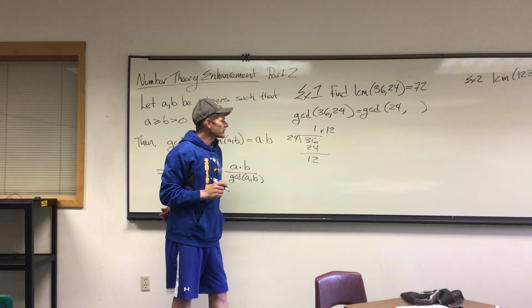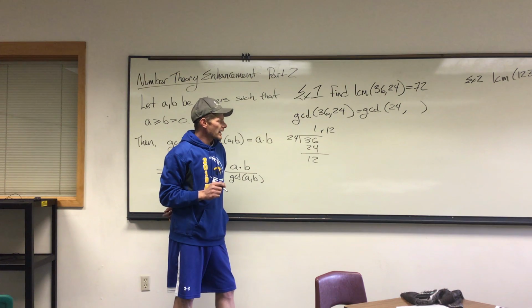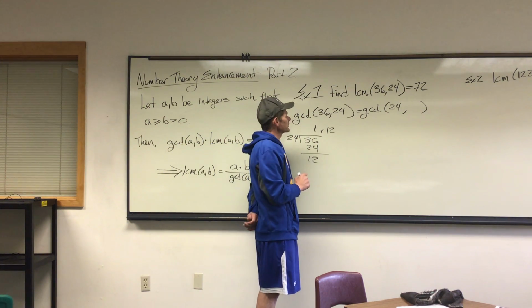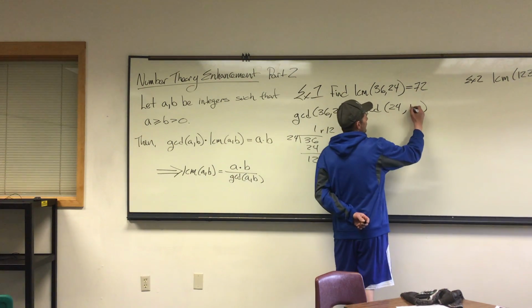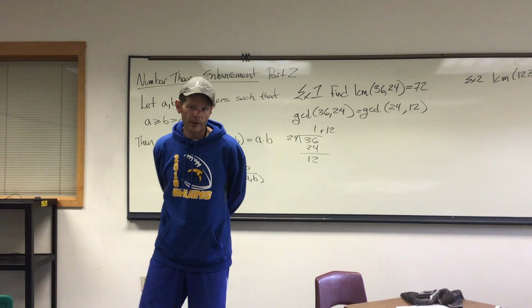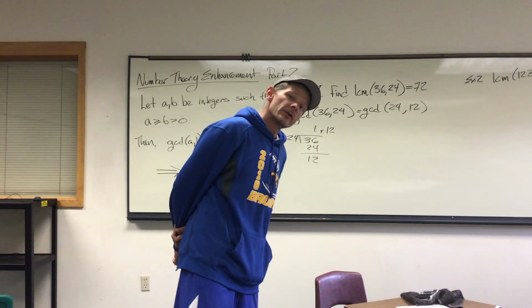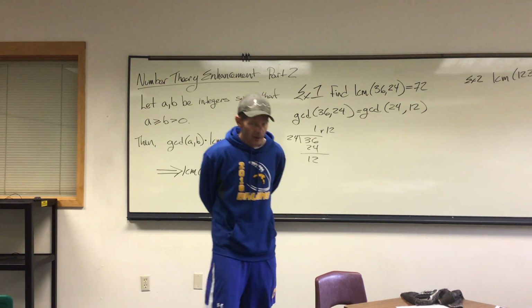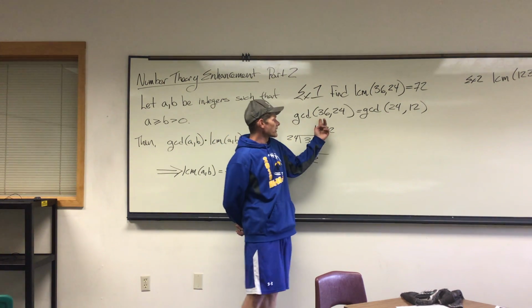So that tells us that the greatest common divisor of 36 and 24 is equal to the greatest common divisor of 24 and 12. The Euclidean algorithm just tells us to repeat that process until we get a remainder of 0, and the last non-zero remainder is the greatest common divisor of our original numbers.